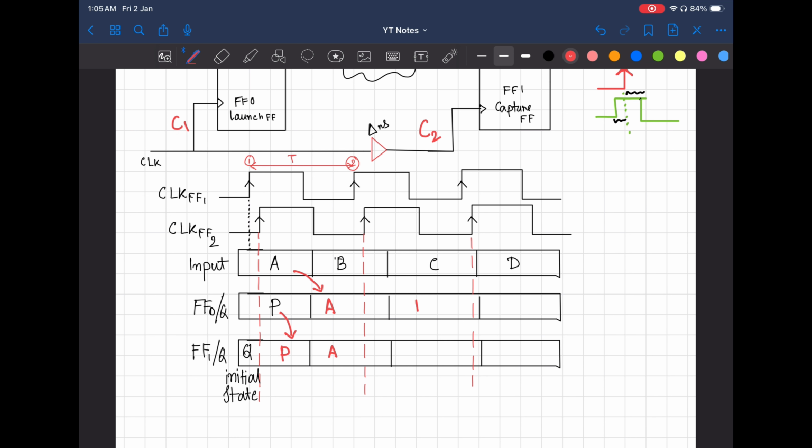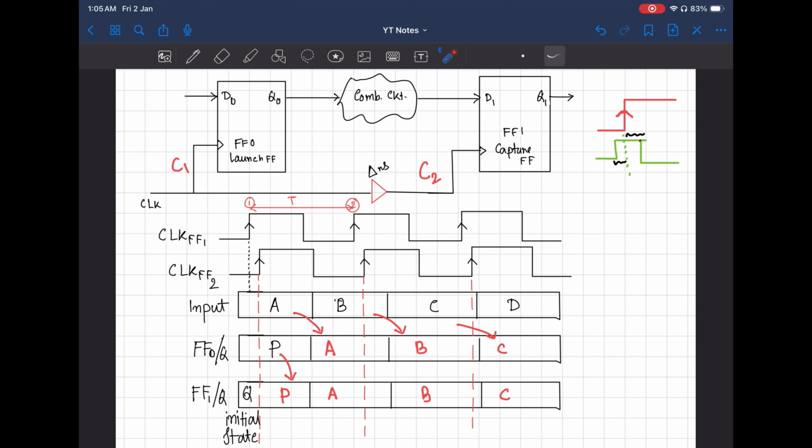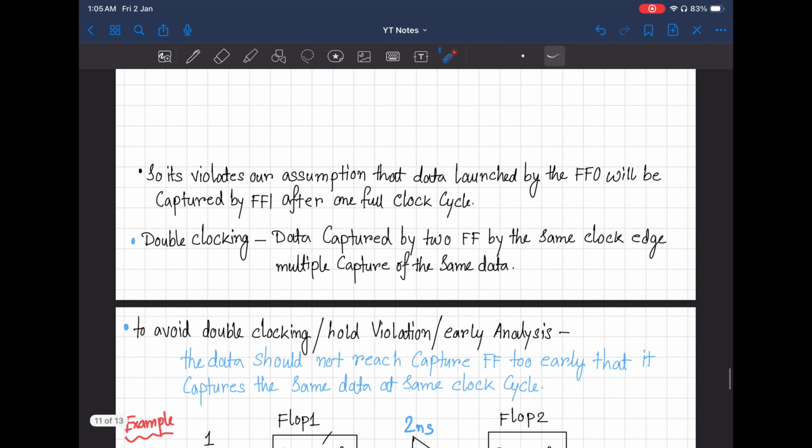B is sampled here, but B is also sampled at the same clock edge. This is the problem. So I think you understand the basic definitions of the hold constraint. I wrote the same thing here in a sentence so that you can understand very well. It violates our assumption that data launched by flop 0 will be captured by flop 1 after one full clock cycle. This is our assumption.